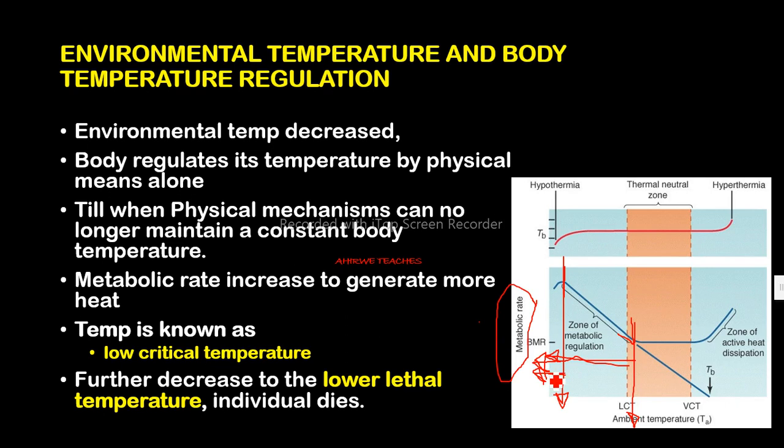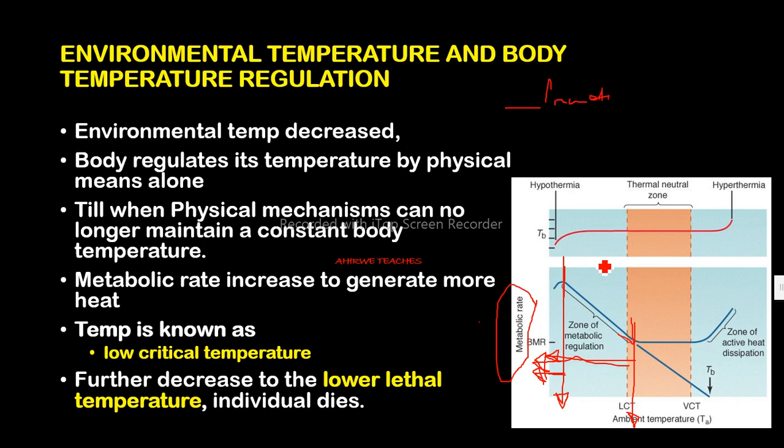Below this point, the moment you attain this and then go below it, the organism is going to die. Why? Because the enzymes will be inactivated, because the body temperature is now so low that it can no longer be maintained constant. It will simply decrease. And so the enzymes will be inactivated.